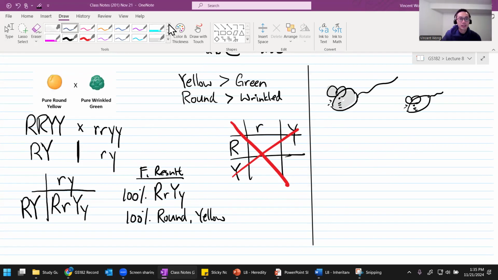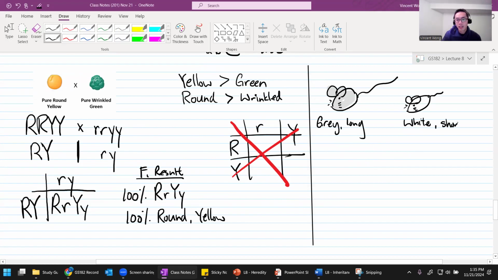Gray and long. Here is white and short. Okay, and they are pure. And then all the baby mice end up looking like this. Okay, 100%. So which ones are the dominant traits?